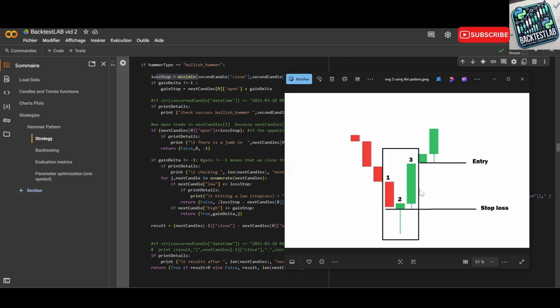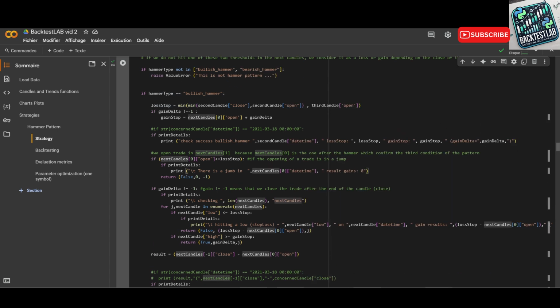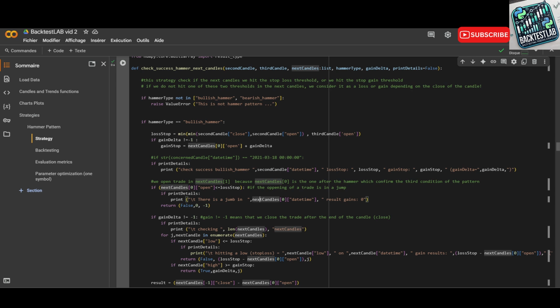And we are going to check for each specific candle, the first one, the second one, the third one, if we are hitting a stop loss or a stop gain, which will be our targets. If in the gain parameter here we are, for example, passing 1 or 2, that means we are aiming for one size of the risk or 2 sizes of the risk.